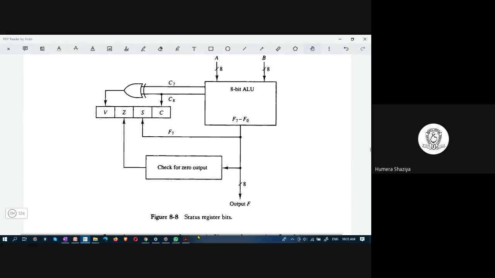If the seventh bit is 1, the sign bit is set. Check for zero output: if all bits are zero, then Z would be set to 1. And overflow: if you perform XOR operation between C7 and C8, and it gives a value 1, then there is overflow that is set here. These are status register bits.